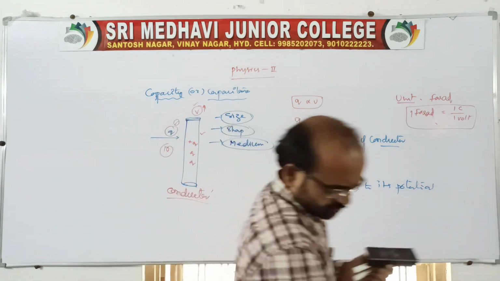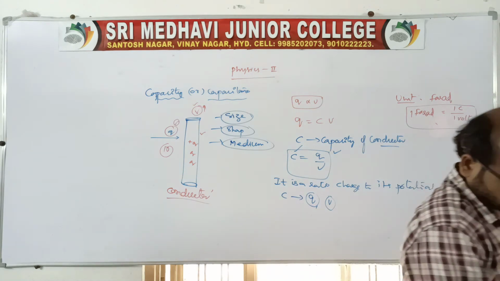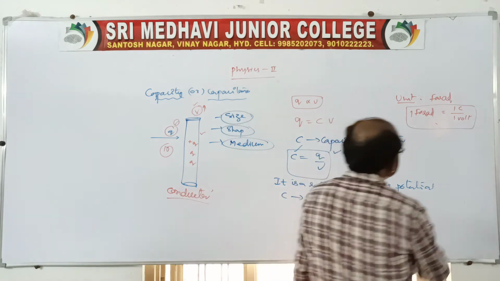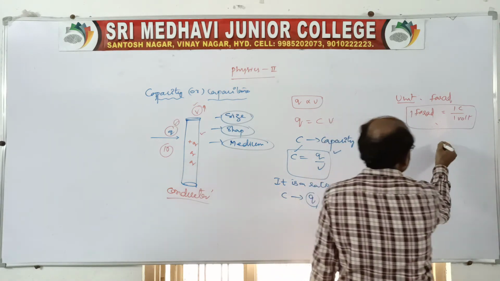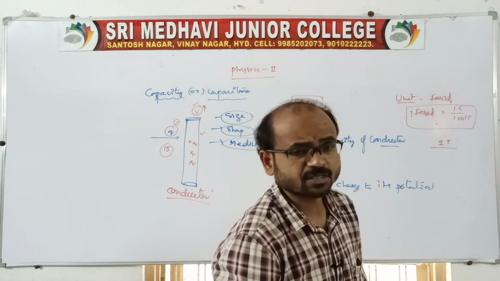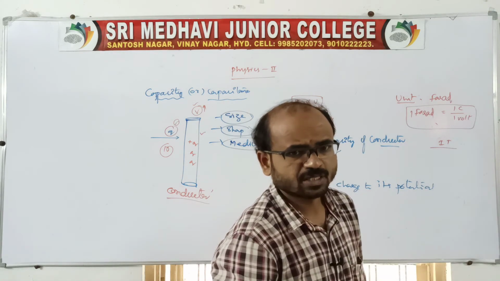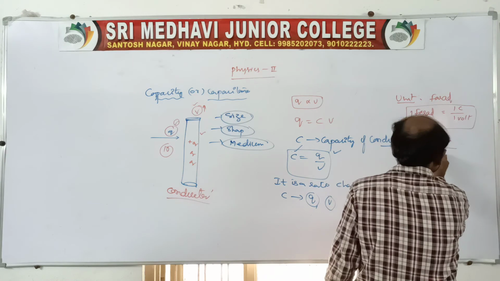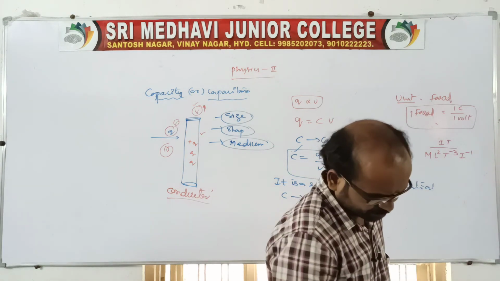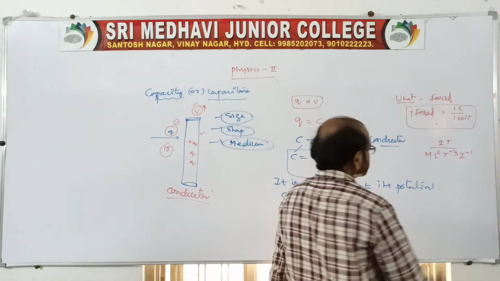Coming to the point, there will be a dimensional formula. We know Q is nothing but IT, and potential is work done per unit charge, which is ML square T power minus 3 I power minus 1.